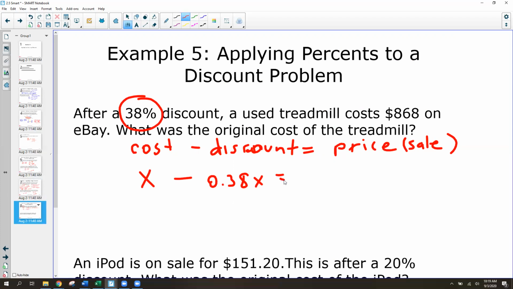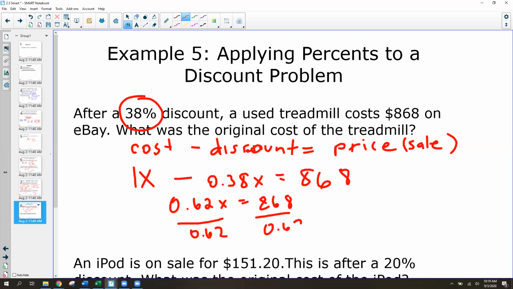And that total equals the sale price, 868. That's the cost of the treadmill. So remember that this is a 1x, okay? So 1x minus 0.38x would get me 0.62x. That equals 868. Well, now I only have one step left. I divide by 0.62. X is, what is it, $1,400.